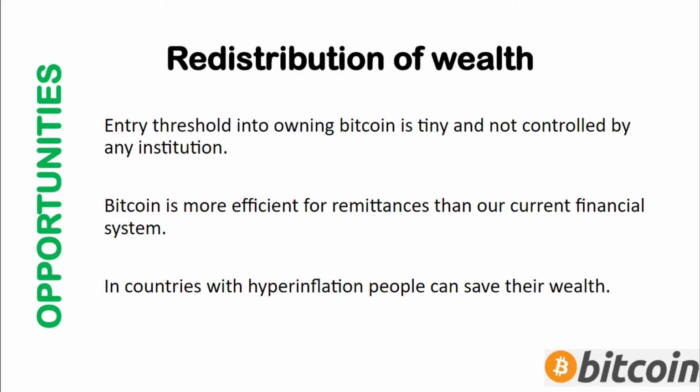It is very efficient for remittances, and redistribution of wealth also comes with an understanding of your own wealth and of the possibilities that your wealth is giving you. So people are able to share more when they have more.